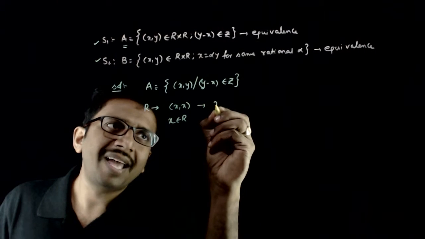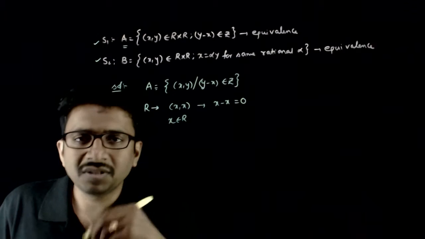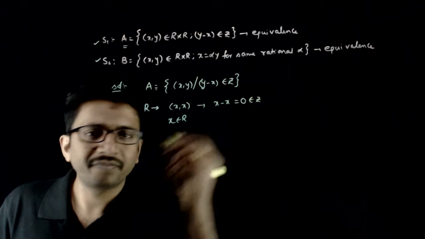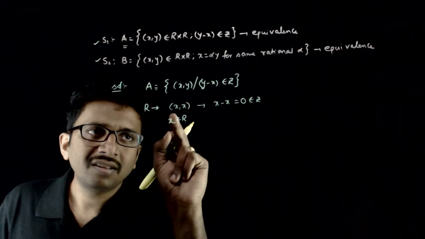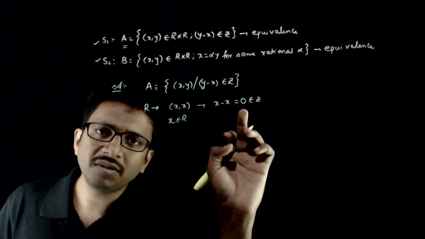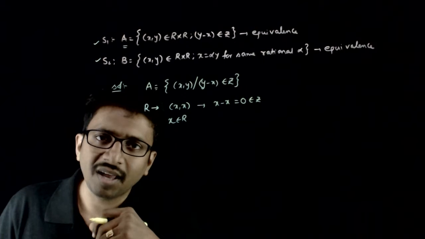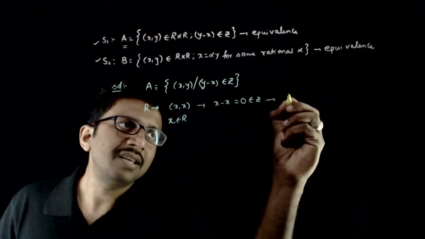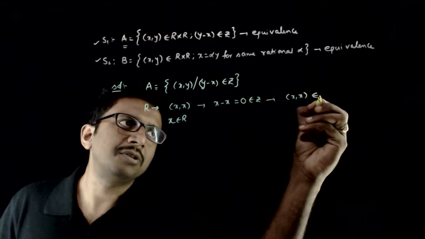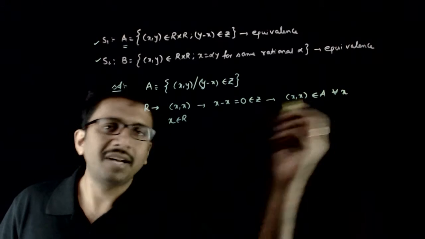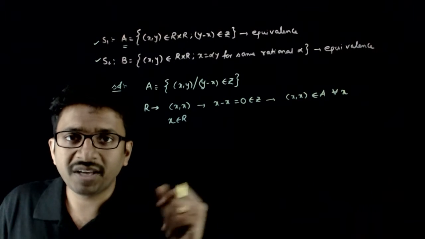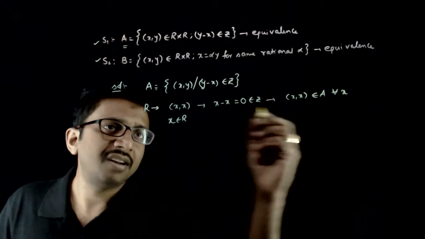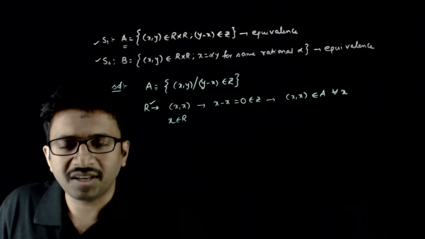Do you see that x minus x is always equal to 0, which belongs to Z? If you take the same element twice, the difference will be 0, which is always an integer. Hence (x, x) belongs to A for all x. Hence the relation A is reflexive.